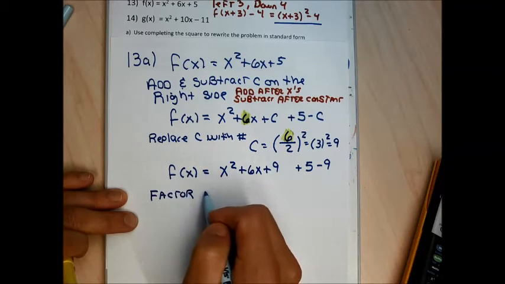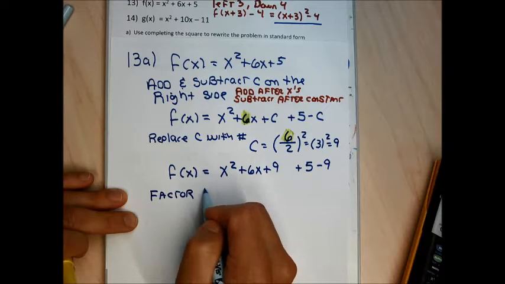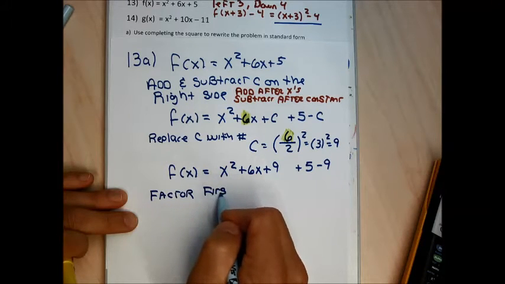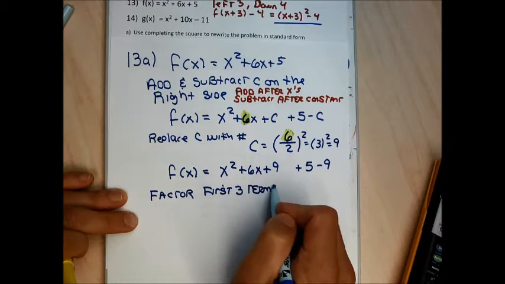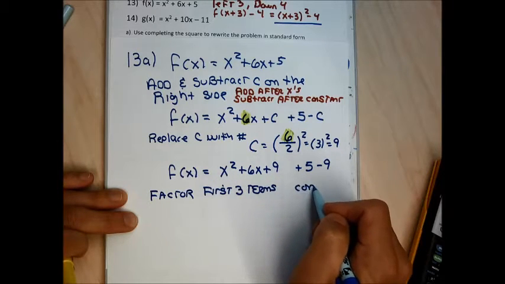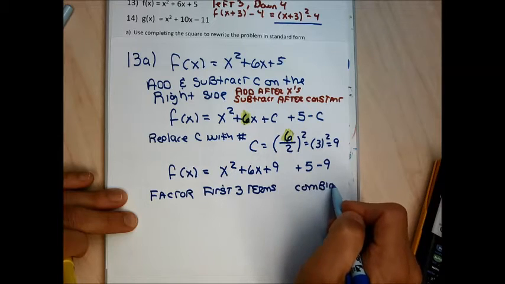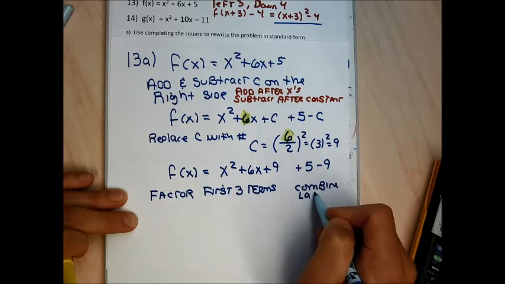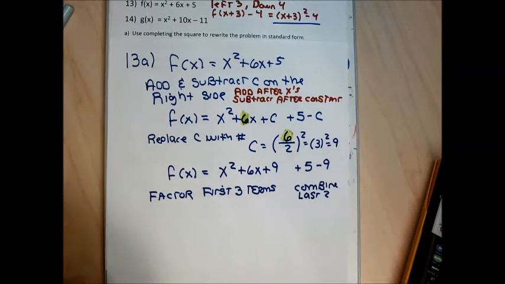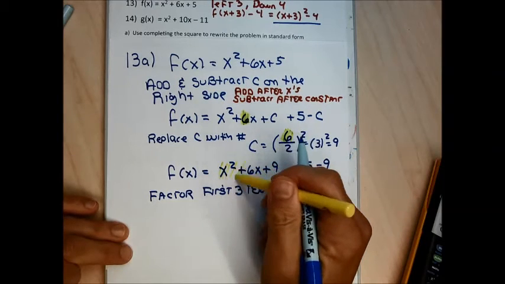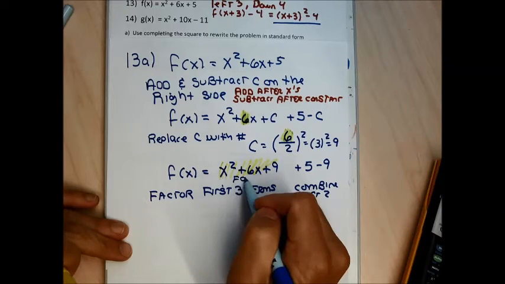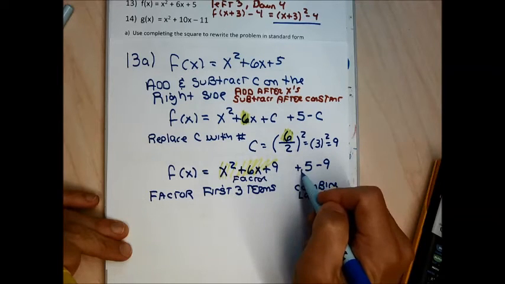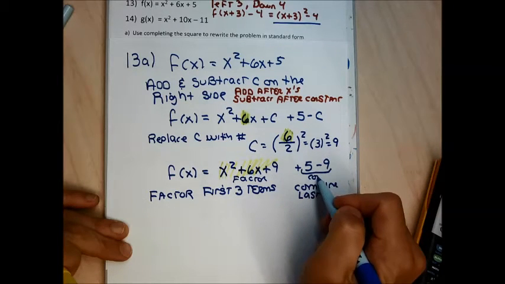Next step is to factor the first 3 terms and to combine or simplify the last 2. So on this stage, I'm going to factor these, and I'm going to combine those.